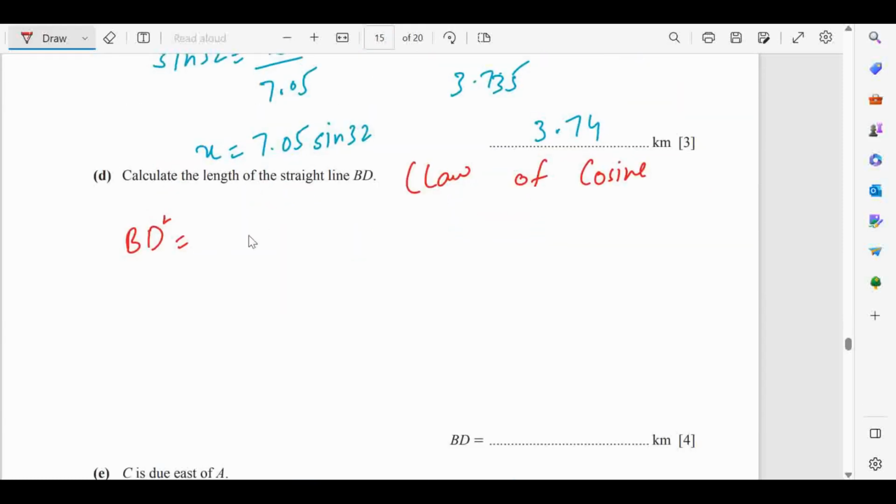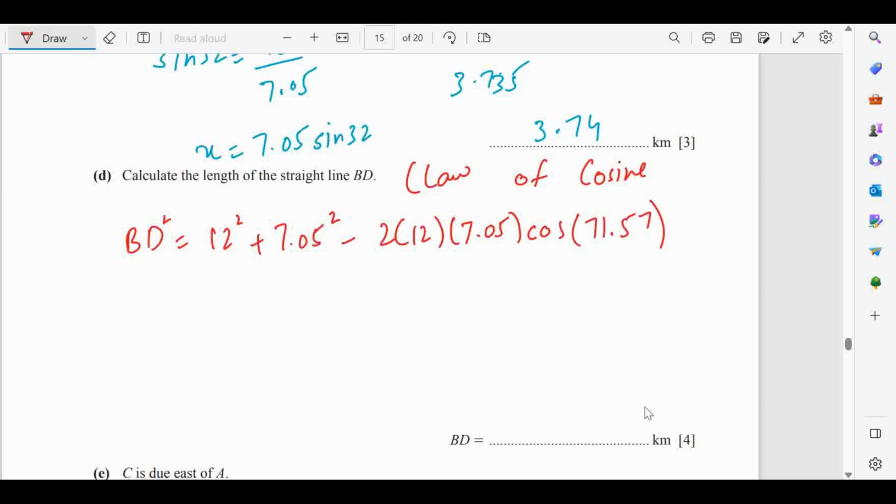So this will be 12 square plus 7.05 square minus 2 into 12 into 7.05 into cos of the angle, 71.57. So BD will be equal to the square root of this.